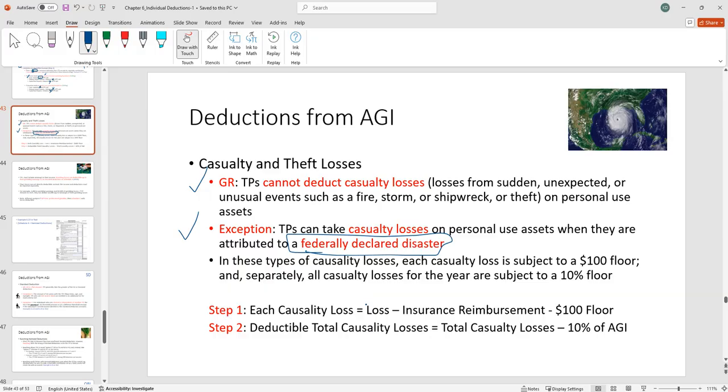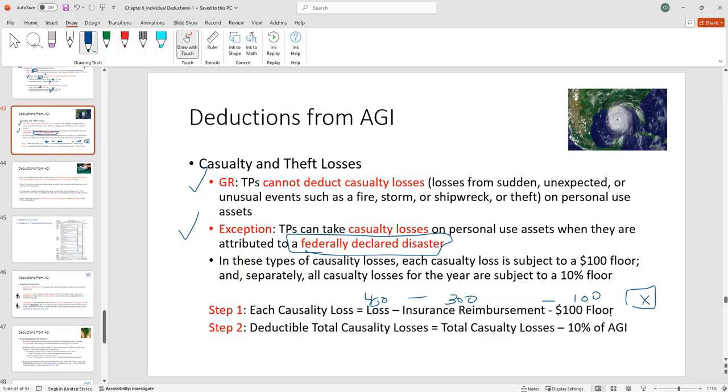You'd have to take the loss. So maybe my house, I lost 400 grand, insurance reimbursed 300 grand. I have to back out a $100 floor. That's the amount of loss for that event.